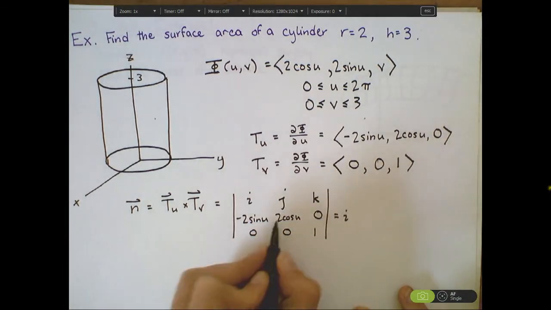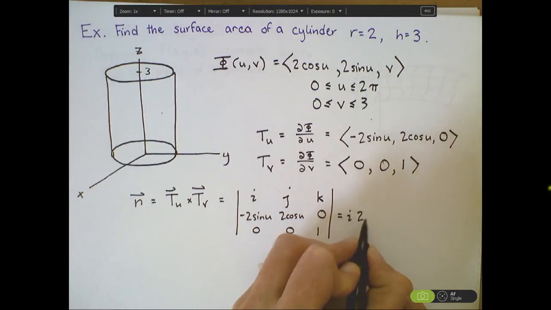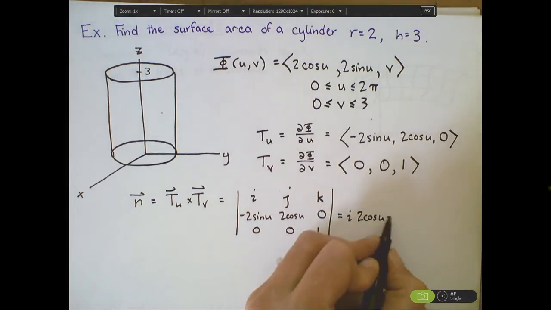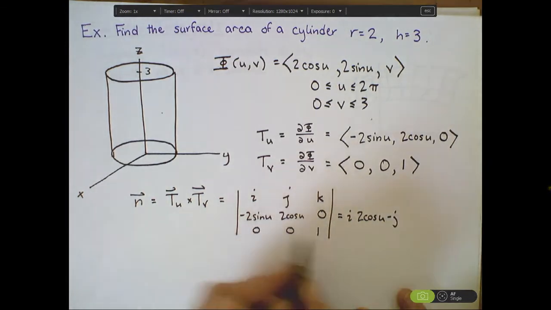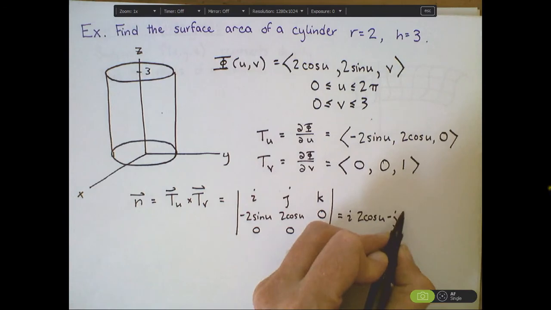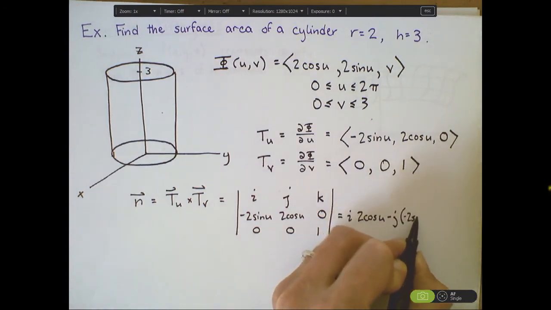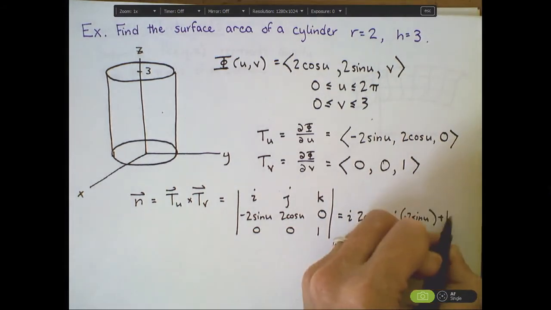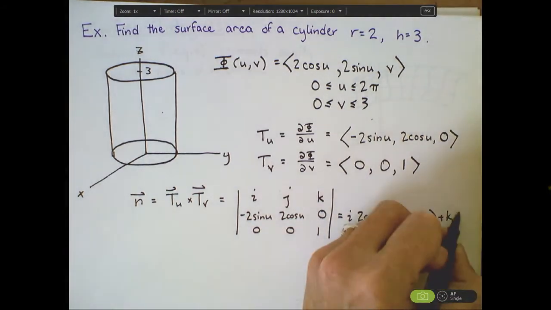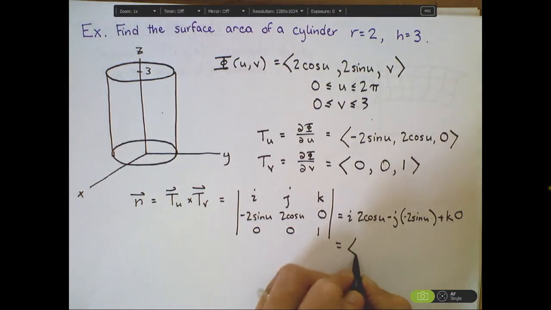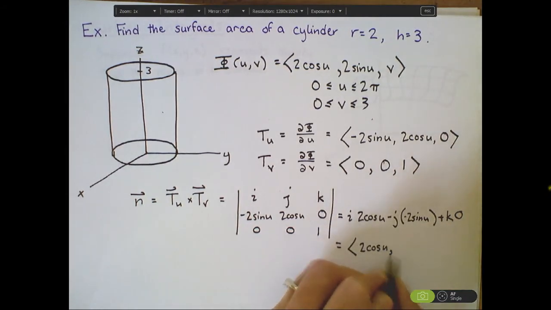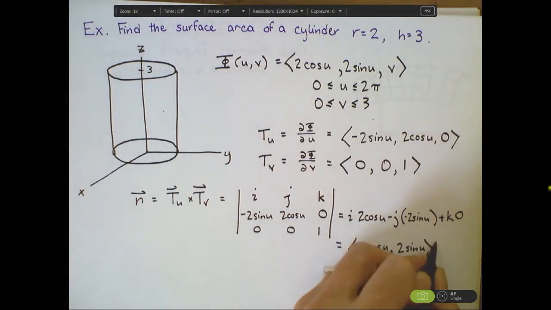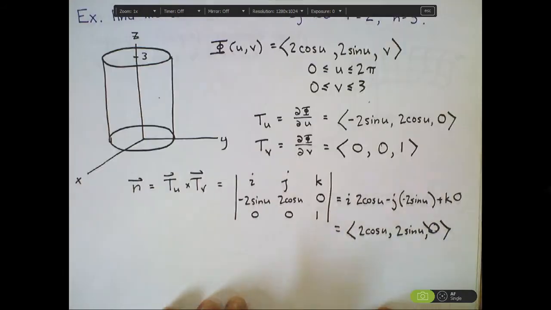So I get i times 2 cosine u minus 0, minus j times negative 2 sine u, excuse me, I misspoke, minus 0, plus k times 0, which gives me a vector of 2 cosine u, 2 sine u, 0. I almost missed the 0 there.